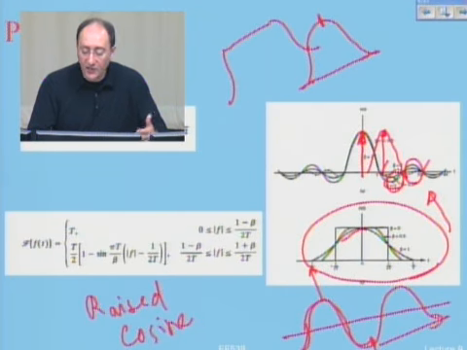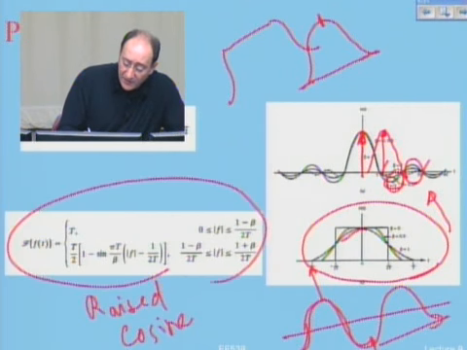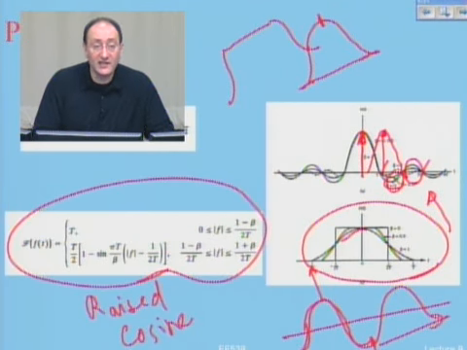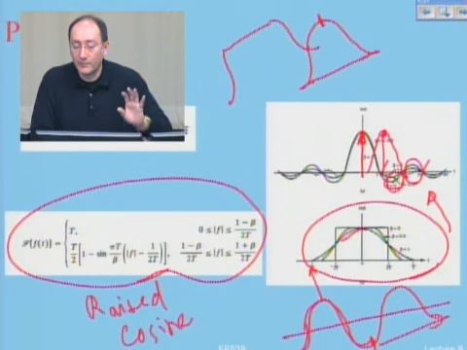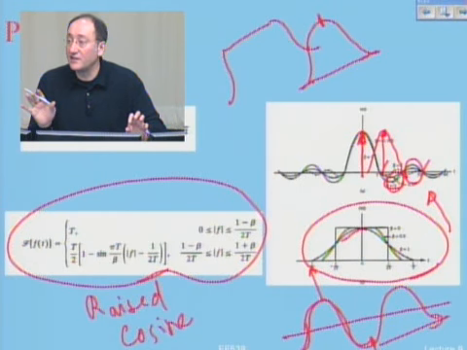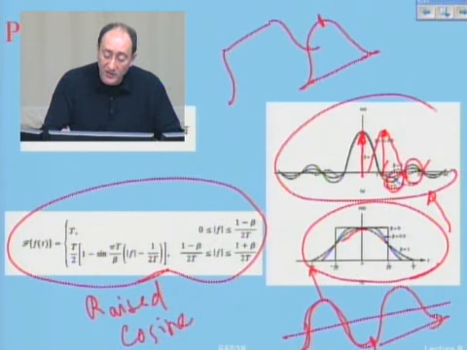Okay, then the next question is that this is the spectrum of the raised cosine. I want to create this raised cosine with a matched filter. That means I have one filter at the transmitter, one filter at the receiver. Both of them together should have this impulse response.